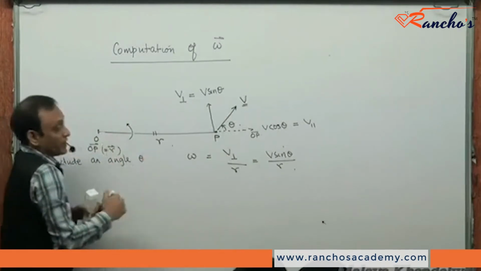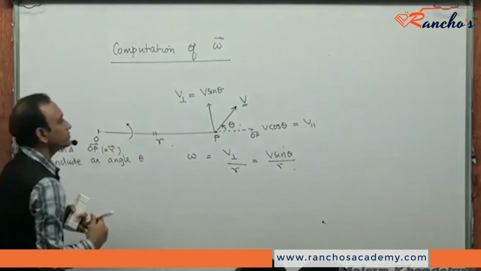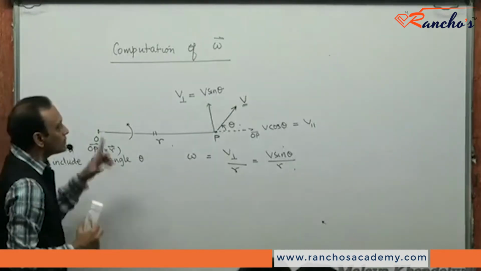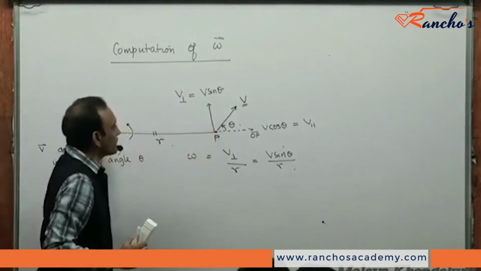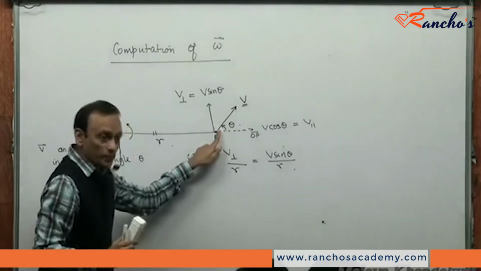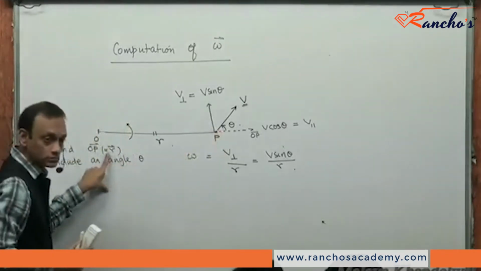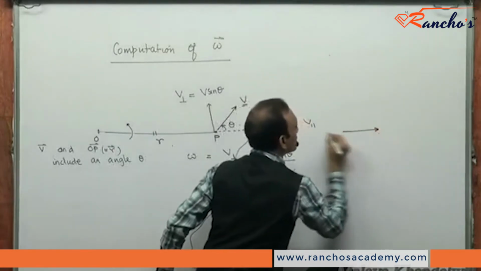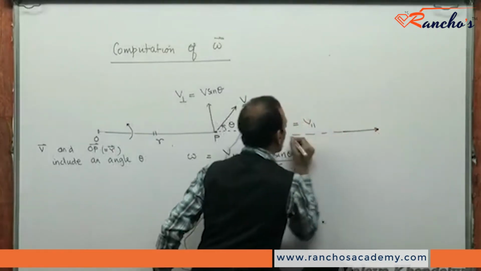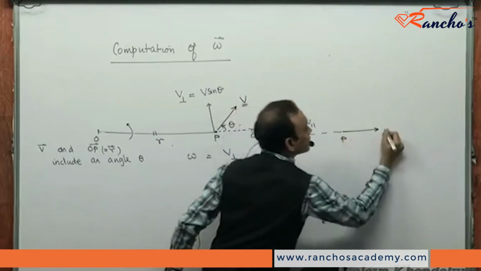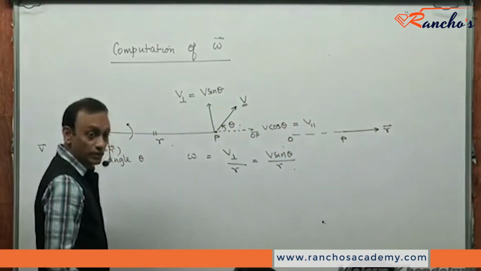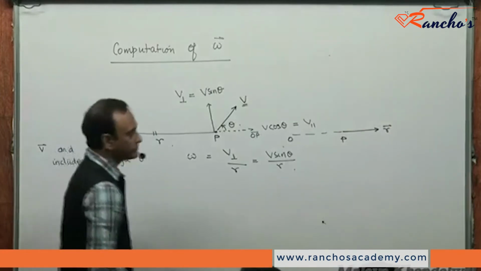Now, do you also realize that OP is the vector r? OP is like this. This was O, this was P. This is the direction of r, the position of the particle as seen by the observer.